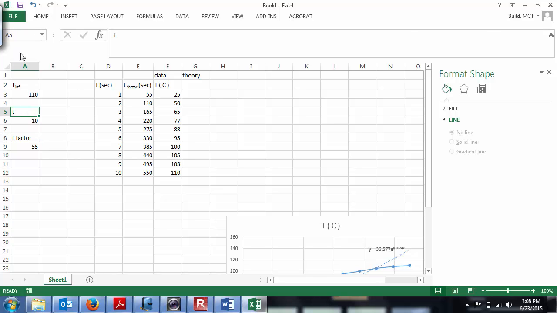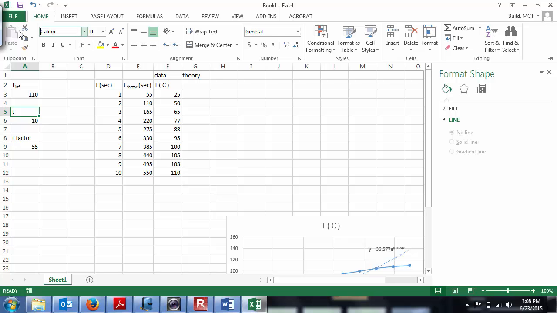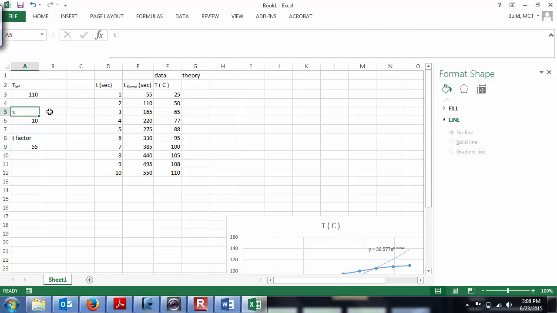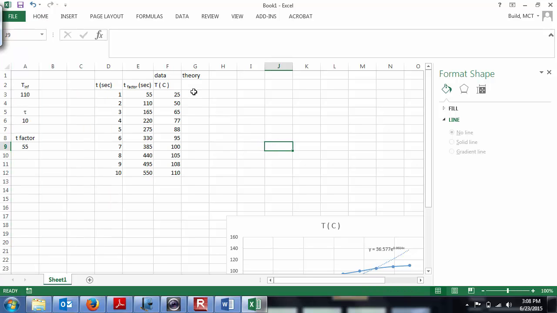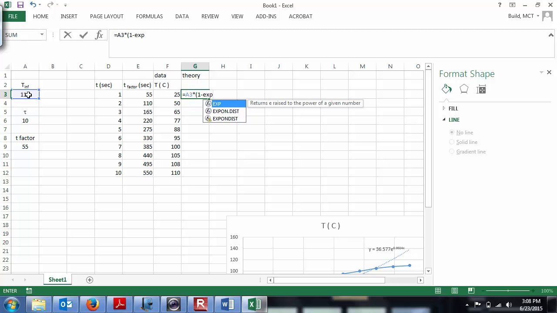I'm going to take that T and change it into a symbol, so now it's a tau instead of a t. Center that up. Okay. So now this is going to be equal to T infinity times open paren 1 minus exp, negative t for time divided by time constant.